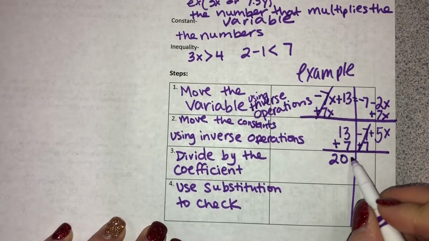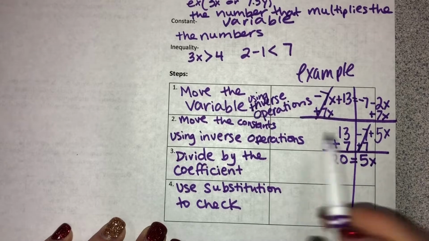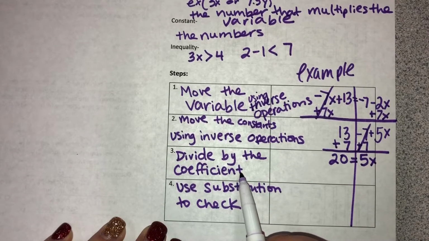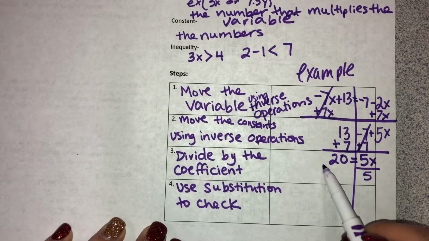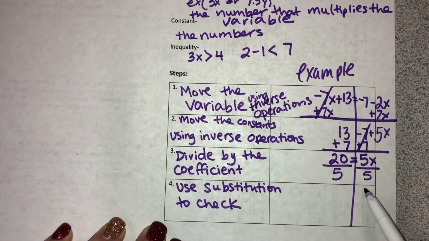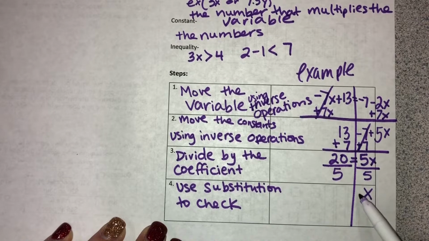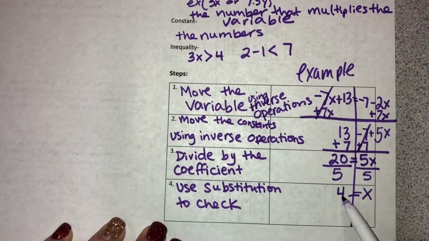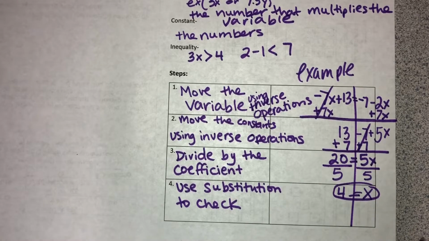So 20 equals 5x. Then we're at the next step, divide by the coefficient. The coefficient is 5, divide by 5, divide by 5, and 5 divided by 5 is 1, so 1x equals 4. So that's your answer, and then you're going to use substitution to check.